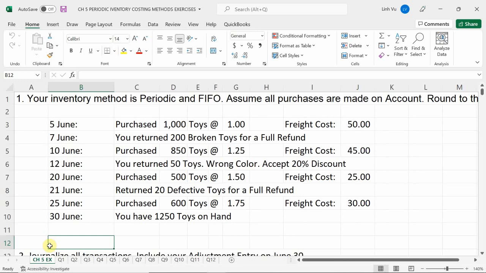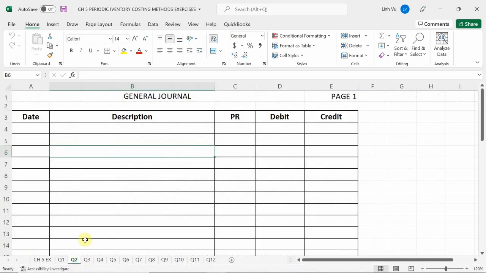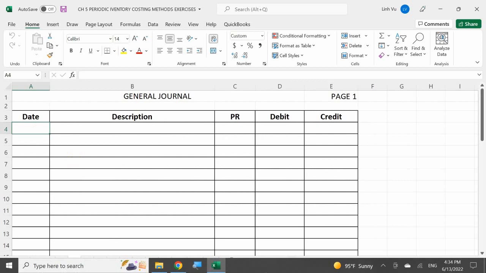So first thing that we have here is June 5th. We purchased 1,000 toys at $1 each with a freight costing $50. So first, I'm going to journalize this transaction so we know what we're doing. How do we journalize a purchase for periodic inventory?